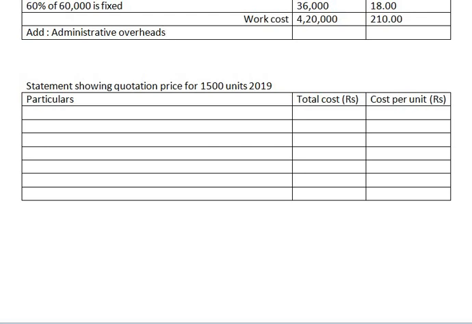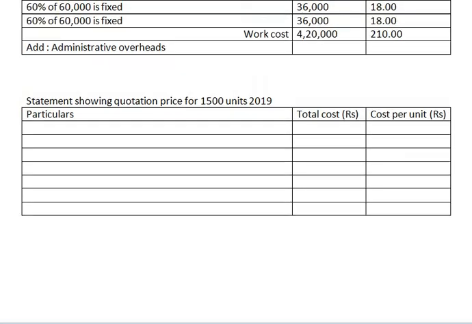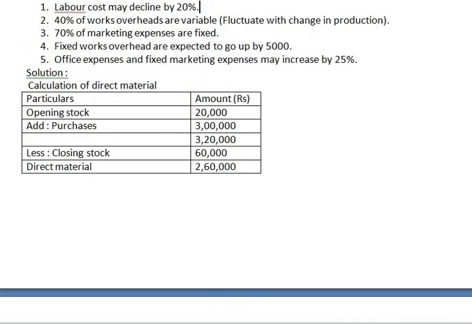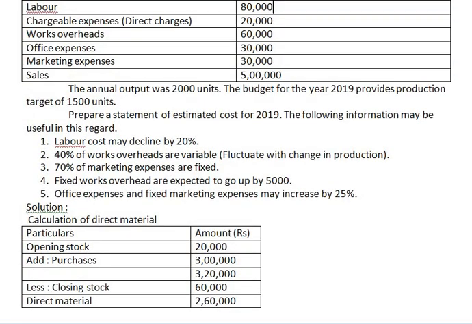Administrative overheads. Now what information is given related to administrative overheads? Just go through the problem. Yes, here they have given office expenses 30,000. So there is no such adjustment relating to it.